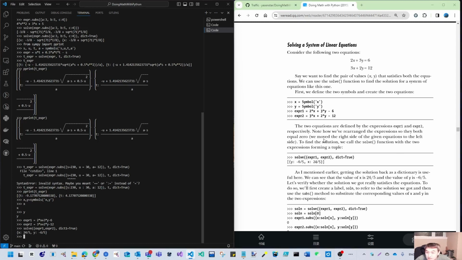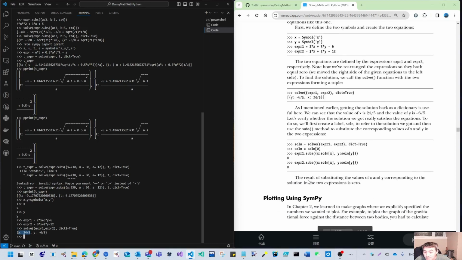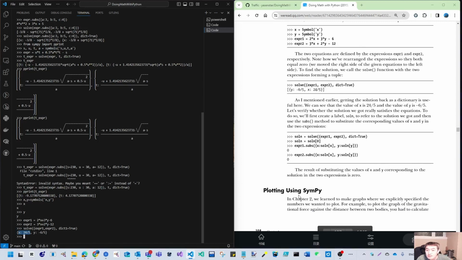So this is different to before. I got the dictionary directly: x equal to 24 over 5, y is minus 6 over 5. So here I also have x first, y second.